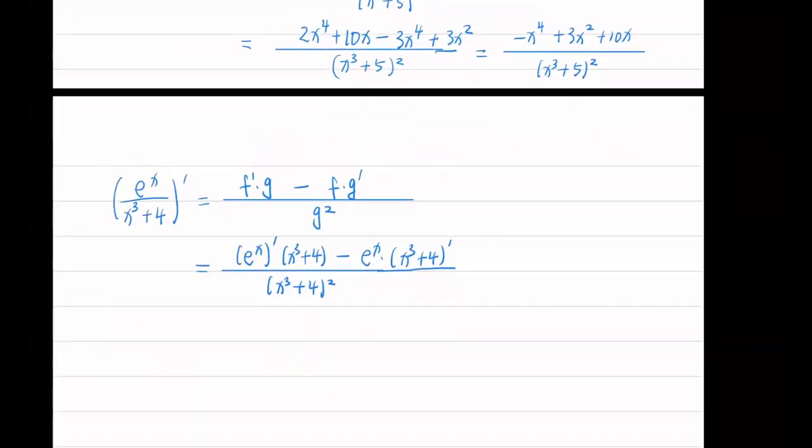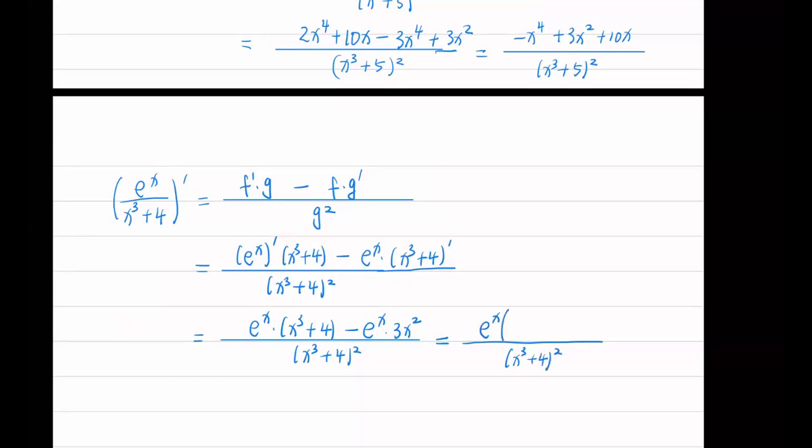So I want you to follow my model. This is e to the x, and 3x squared. I'll simplify a little bit. E to the x is a common factor.